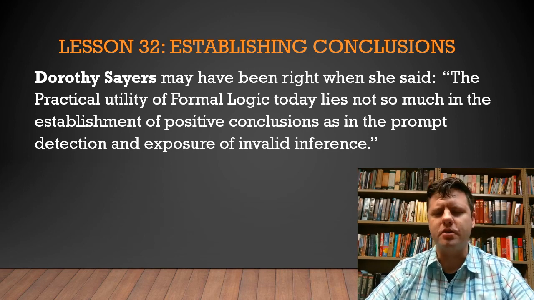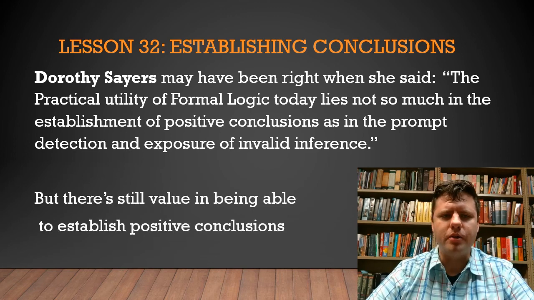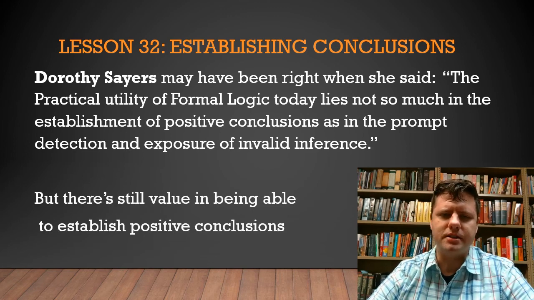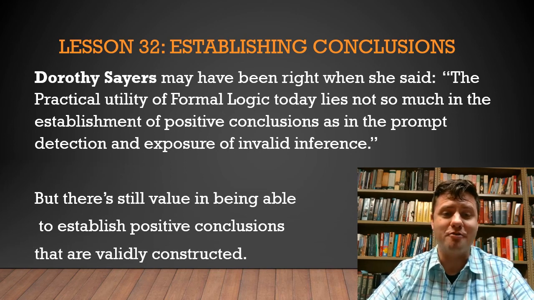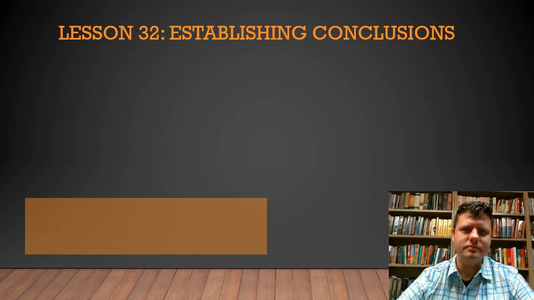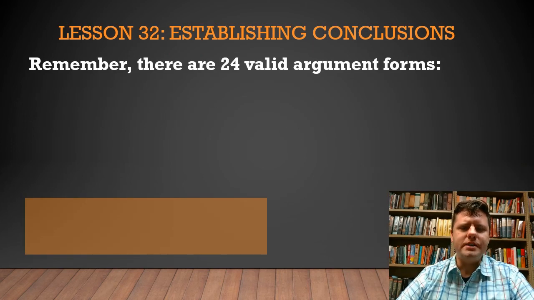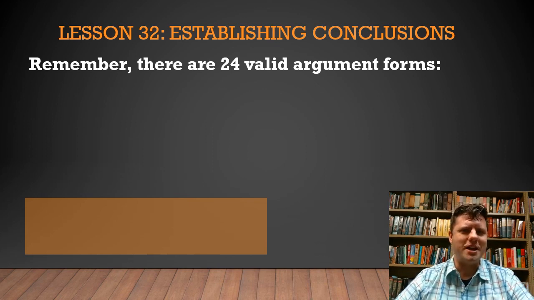So I don't disagree with Sayers on that, but it doesn't mean that there's no value at all in establishing positive conclusions, especially when we learn how to validly construct them together. So we're going to, first of all, remember that if we're going to try to establish a conclusion from a set of arguments that is valid, we need to make sure that we take on a valid form.